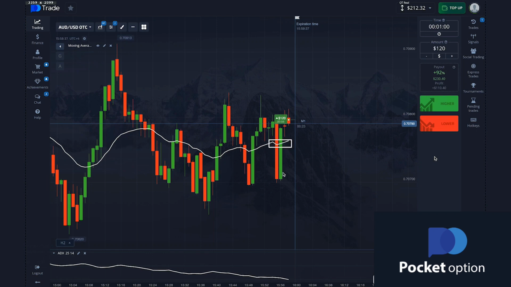Despite the fact that the indicators give a signal to go up, the candles are in a sideways movement and there is no clear trend. So it is better to double check the chart in this situation before making a trade. At the moment I don't like the sideways movement and the fact that there is no trend. The chances of making money here are 50-50.